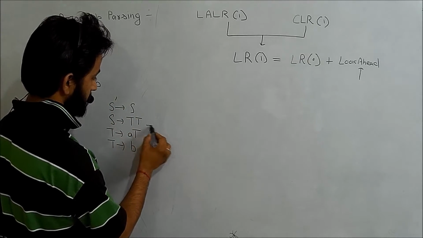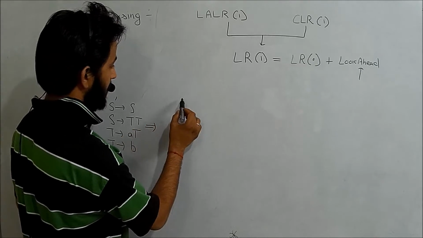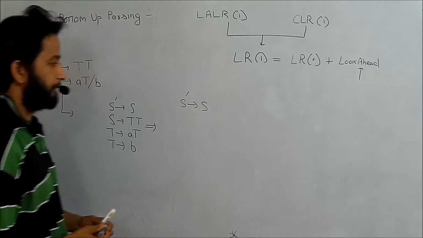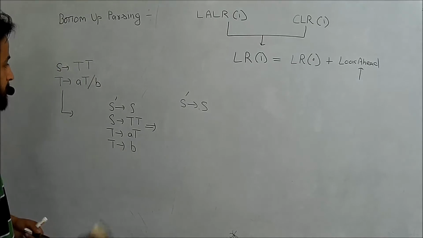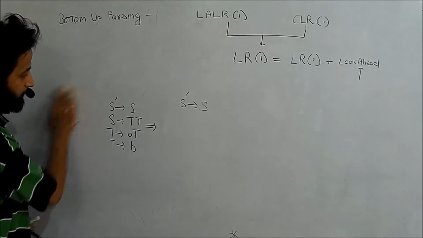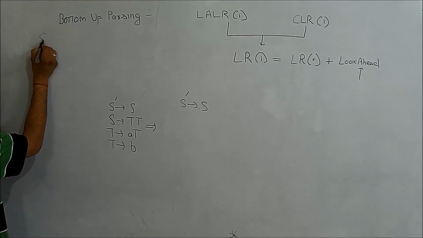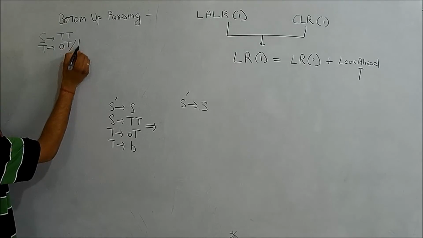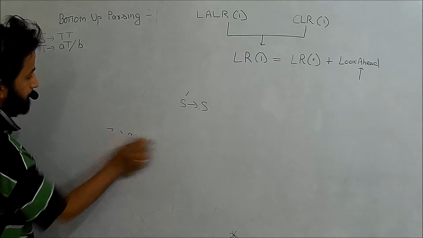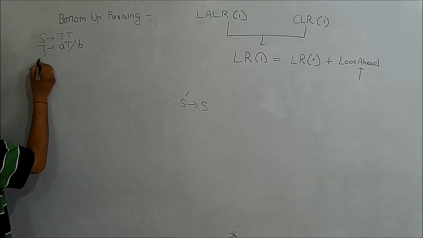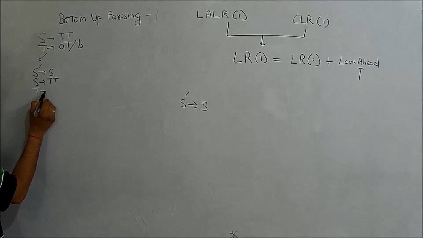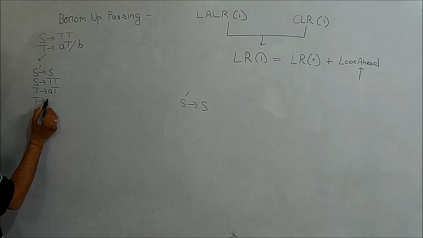Let us start with the first case, by adding a dot. For simplicity and good visibility I will erase this and write everything here: S derives TT, T derives AT and B, and the augmented grammar is S' derives S, S derives TT, T derives AT, and T derives B.